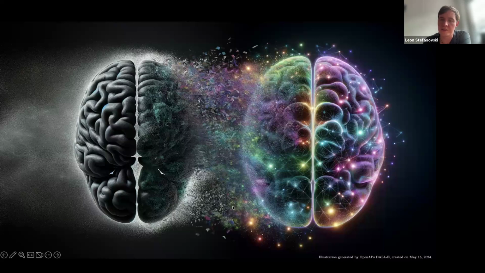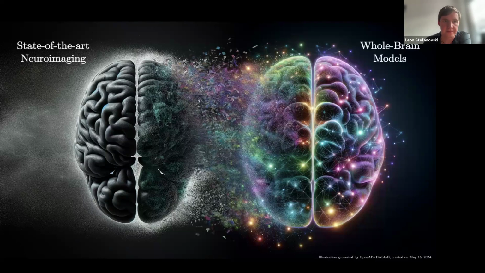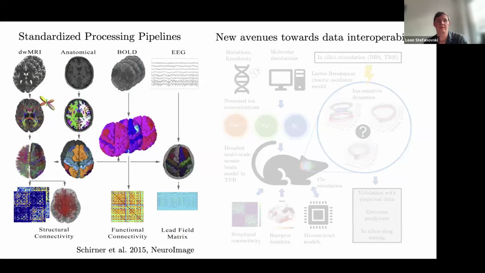About how to process neuroimaging data, there will be also another session in the summer school, because that's also not trivial. And of course, the quality of the data and the quality of how it is processed is a crucial determinant of how good the quality of the simulation experience is in the end. Luckily, there are standardized pipelines for this.